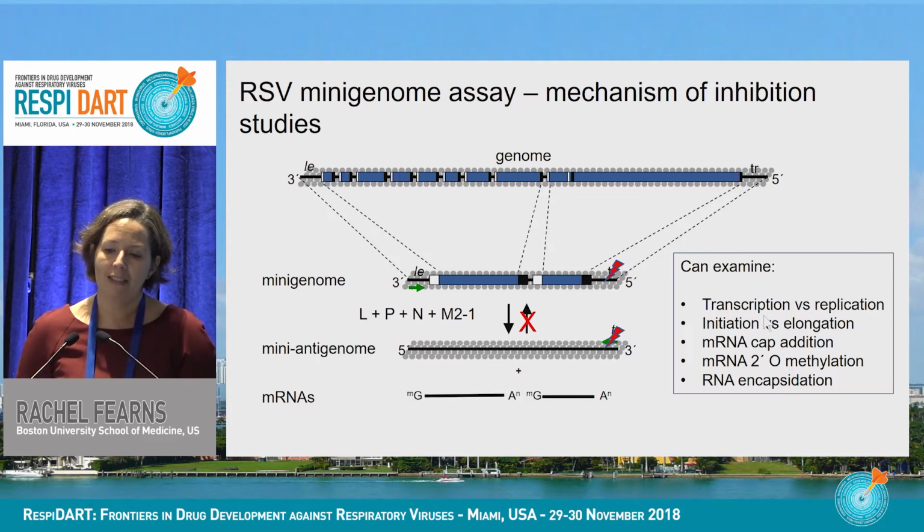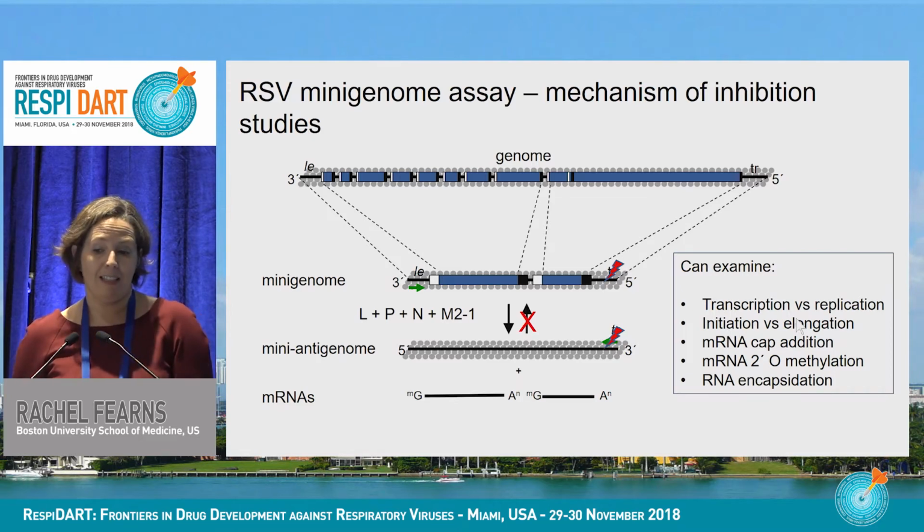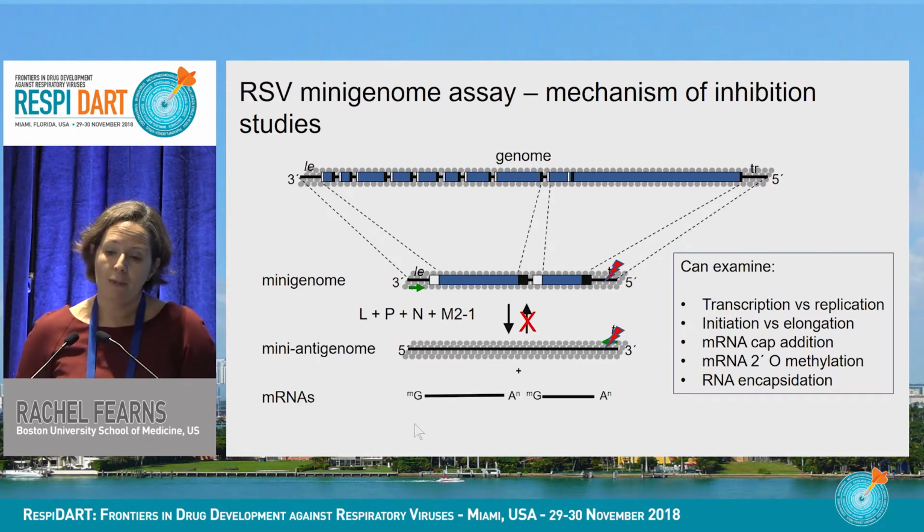We can also, in this system, it's a very robust system, and we can even see abortive RNA synthesis products. So we're able to distinguish between initiation and elongation as well. We're also able to analyze the 5' ends of these messenger RNAs by primer extension and enzyme digests, and we can determine if there is a cap at the end.